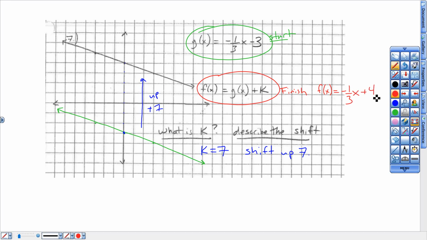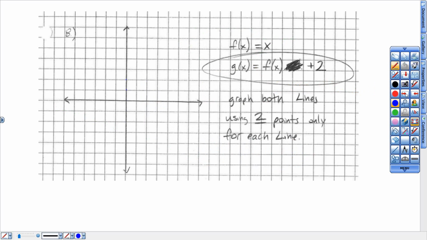And I get that 4 by moving up 7 boxes from -3. That's where I end up at +4. But this one is just asking about the starting line and what am I doing to get to the finish line, shifting up.